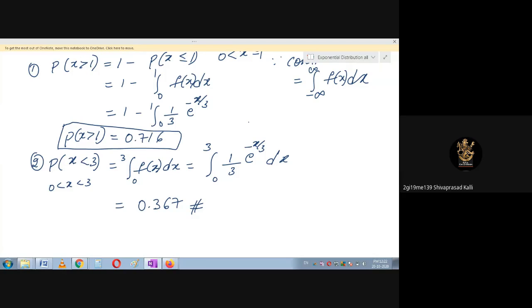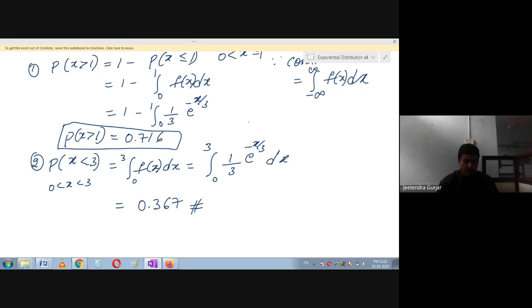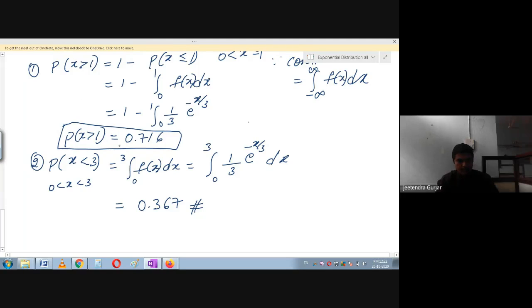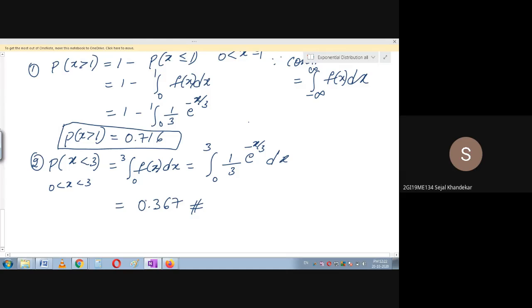Sir, it should be 1 minus integration of 0 to 3. 1 minus integration. See, I will show you, wait. Sir, the answer is wrong. Hey, how is it 1 minus?